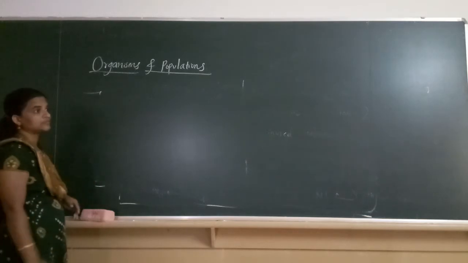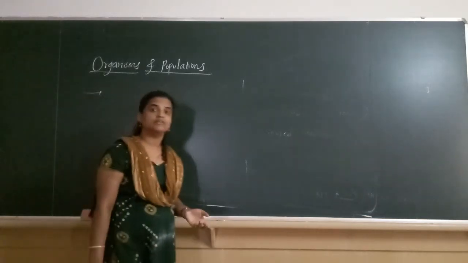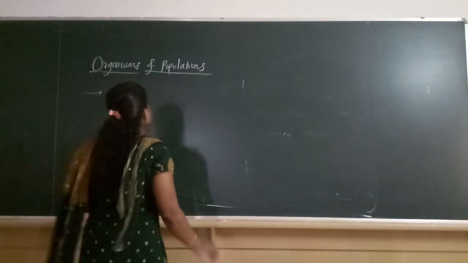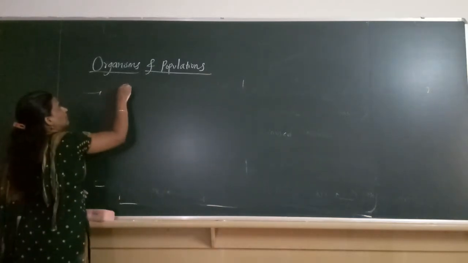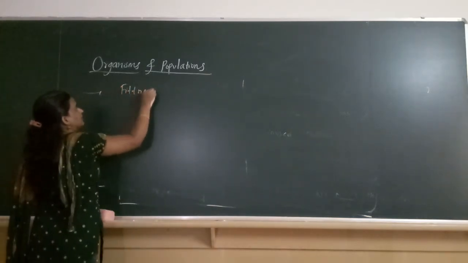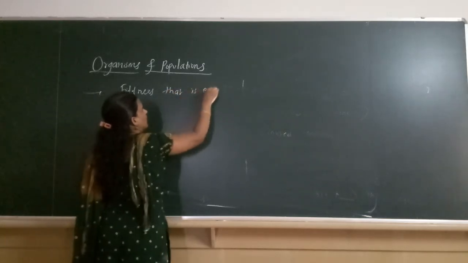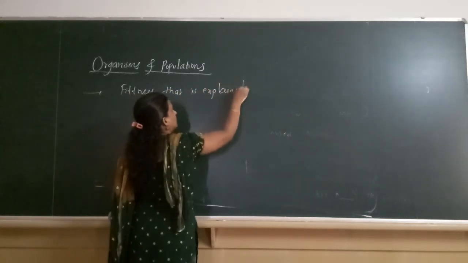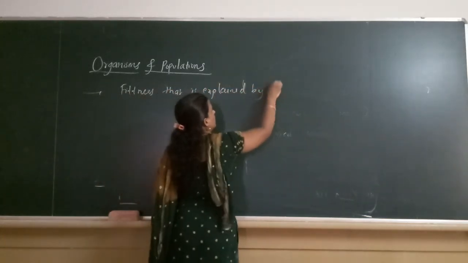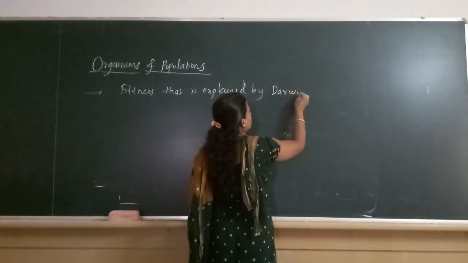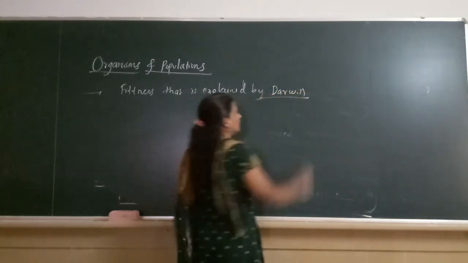again. This is explained by Darwin, fitness. All these population densities are based on what? That is based on fitness, that is explained by who? The most popular scientist, it is Darwin.